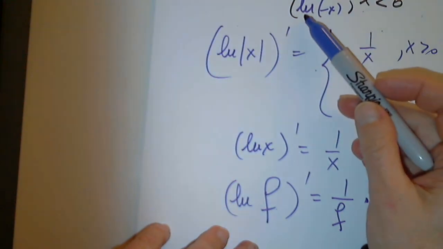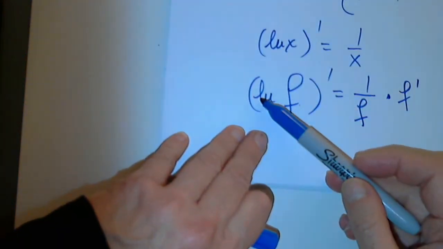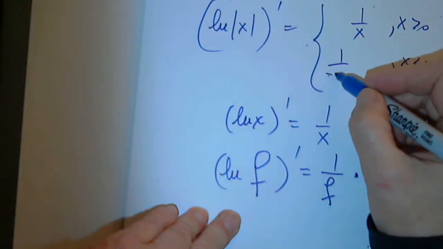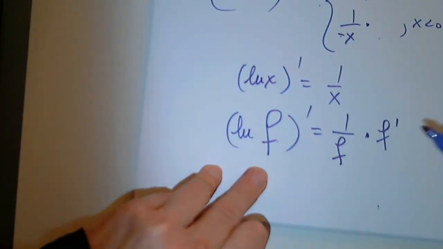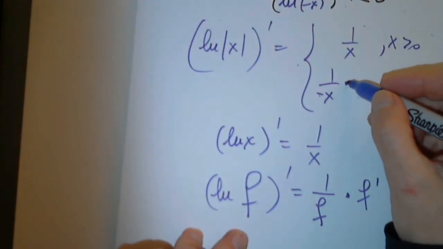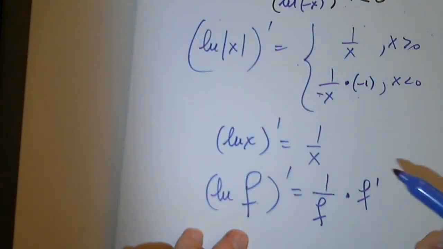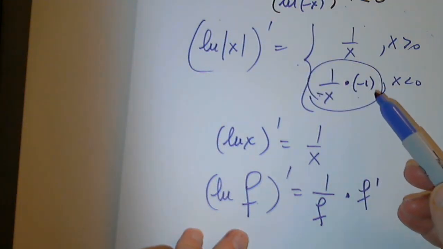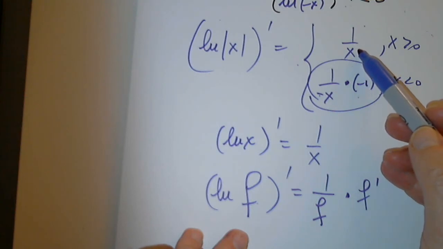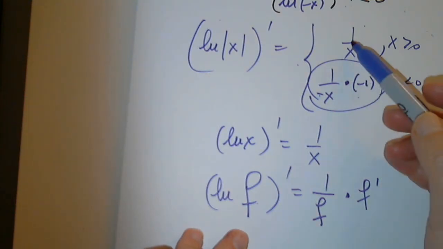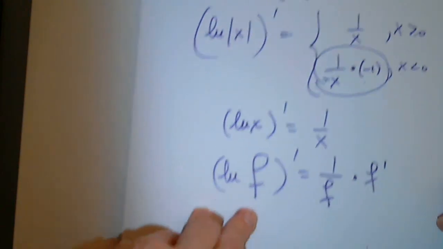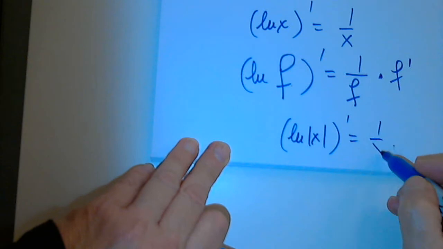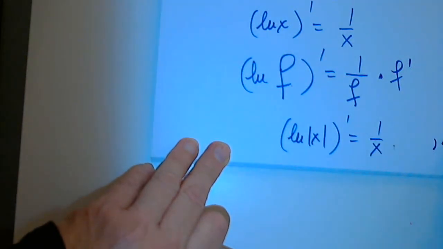So when I differentiate natural log of negative x, I have 1 over negative x, but times the inner function prime, which is negative 1. But what is this? Exactly. It is the same. So therefore, we will write the natural log of the absolute value of x prime is 1 over x. Of course, when x is not 0.